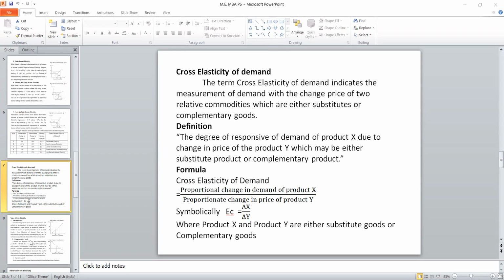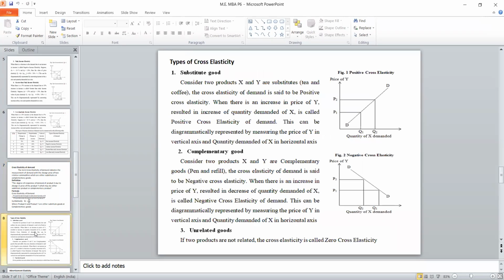How can we represent it diagrammatically? We can give some numerical value, and there are two ways to represent. Suppose it is a substitute good, what will happen? The demand curve will not be a downward sloping curve, it is an upward sloping curve. Why?